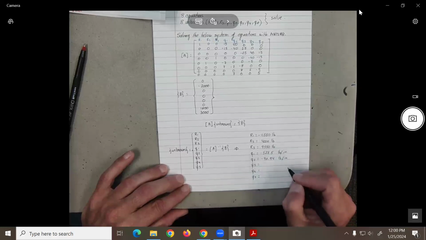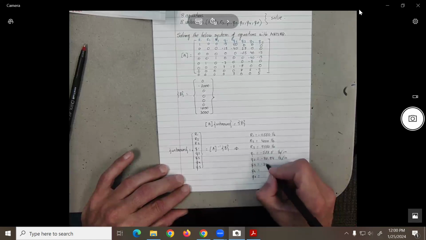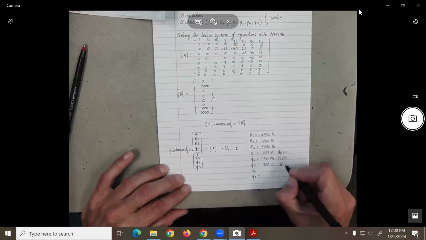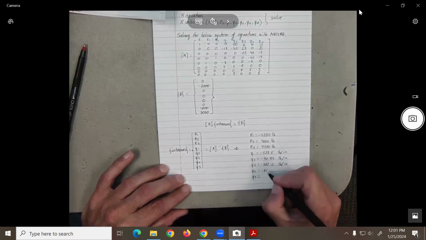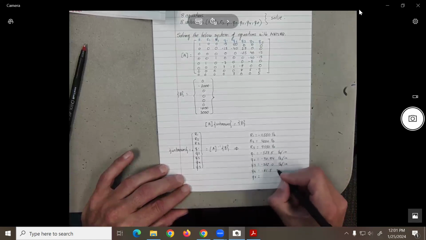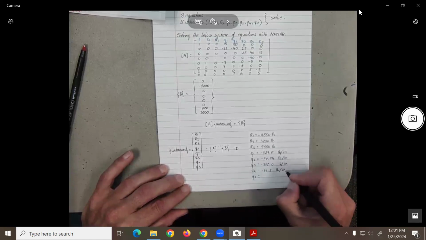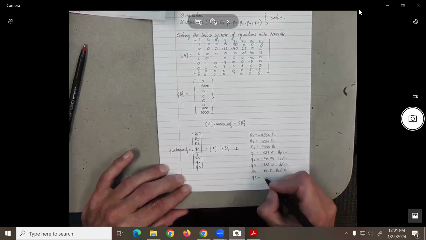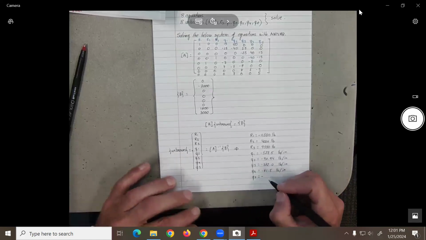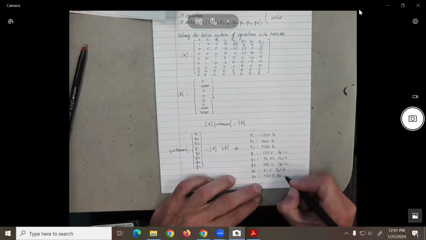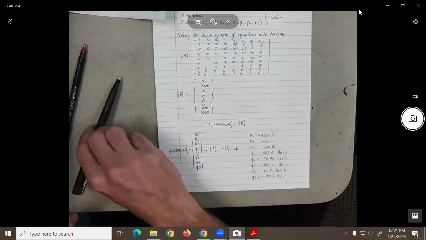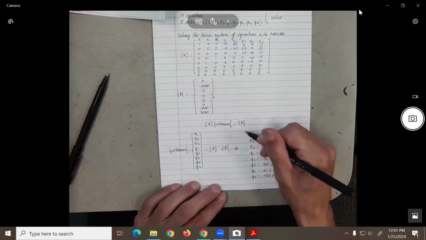Pounds per inch, minus 382.0 pounds per inch, minus 61.5 pounds per inch, and Q5 minus 472.7 pounds per inch.